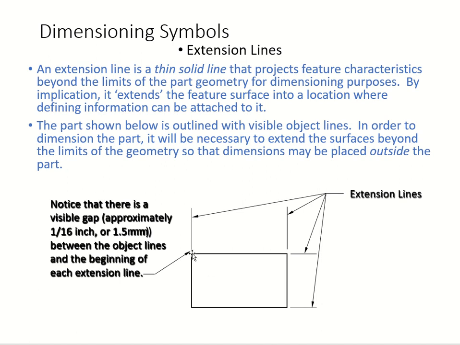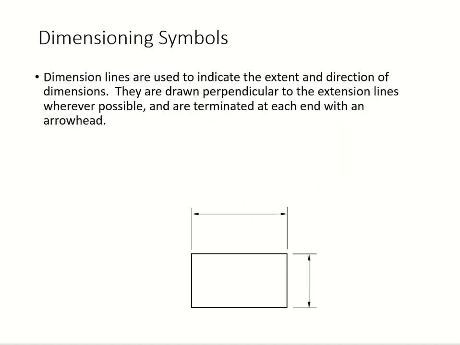But I'm not going to check that it's exactly a 1/16 gap. It has to be a little bit close and then give a little bit of gap. It doesn't have to be that accurate, but reasonably accurate to portray 1.5 millimeter or 1/16. Then I'll be very happy.